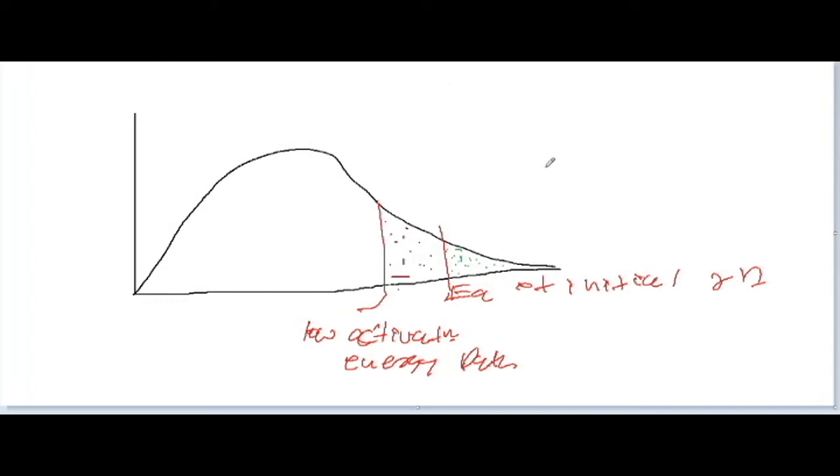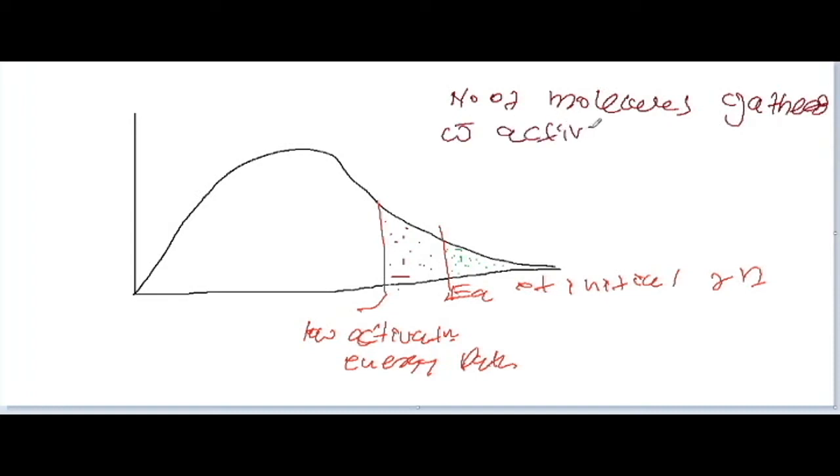The reason for the increase in the rate of reaction is that the number of molecules with the required activation energy increases. So this is the reason after applying a catalyst to the reaction.